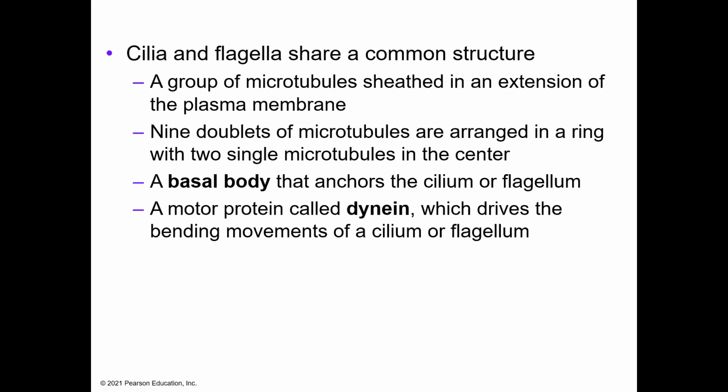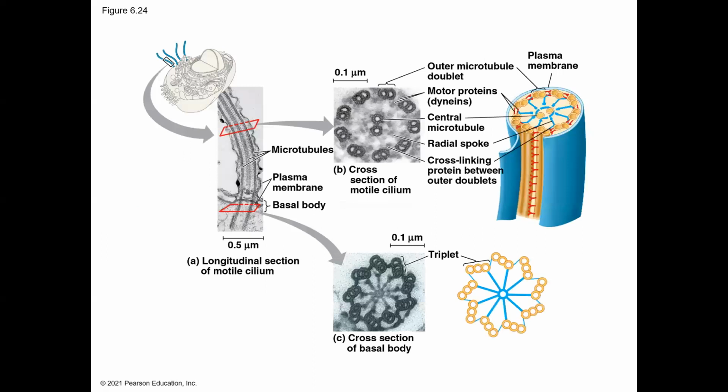There are motor proteins called dynein, which drive the bending movements of a cilium or flagellum, which causes them to move and beat. So this here is showing you a cross section of a cilium. If we were to do a cross section, you would see the 9+2 structure. So you have nine doublets and then two central microtubules.